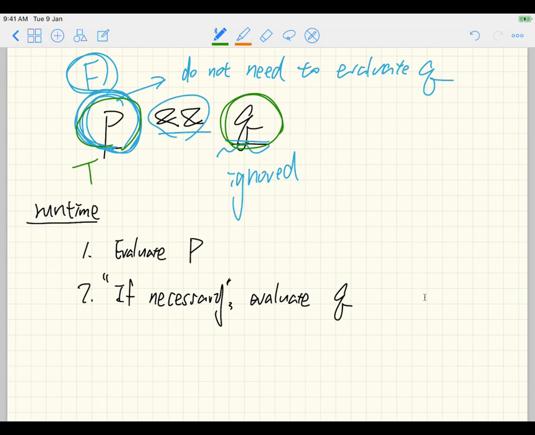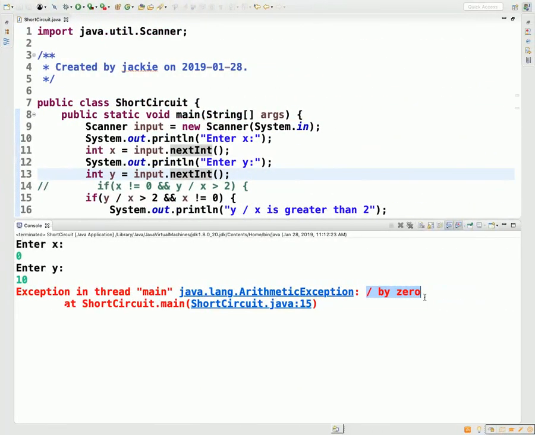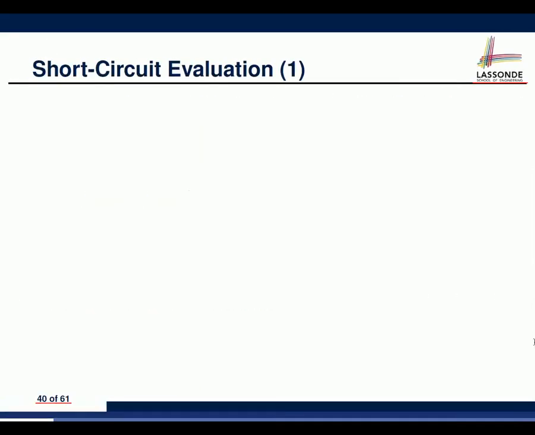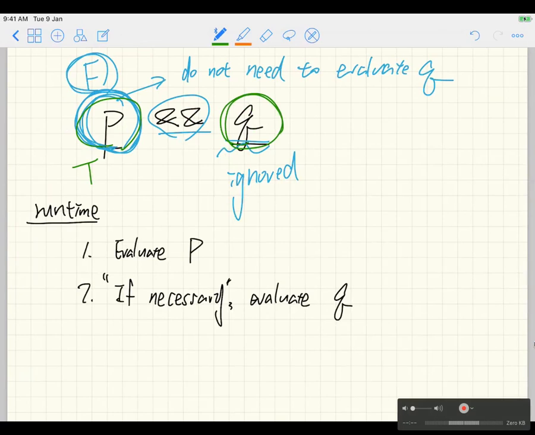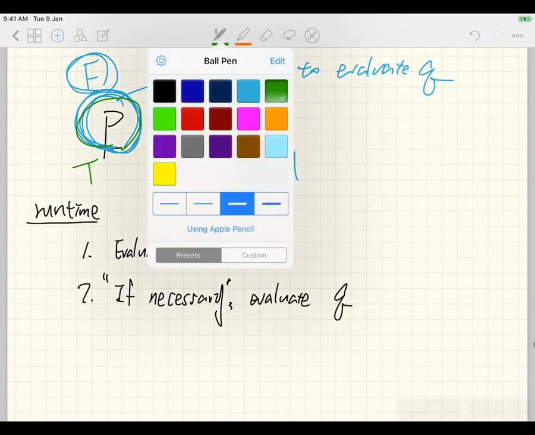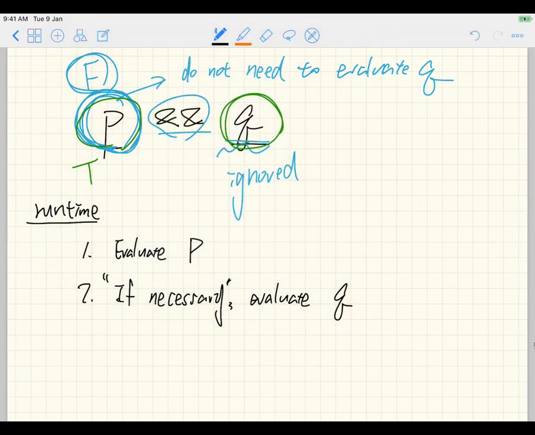So now let's think about what we did previously. I'm going to write it down over here. What we did in the Eclipse example was like this. We say if x not equal to 0 and also y divided by x larger than 2.